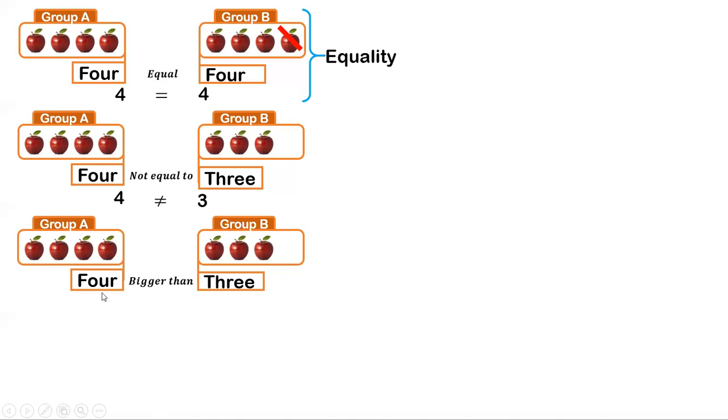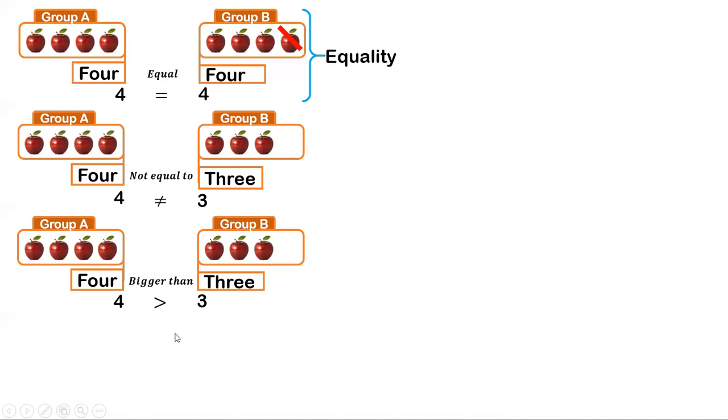So the number of apples in group A is bigger than the number of apples in group B. When we use symbols, we can show it like this. This symbol stands for bigger than.